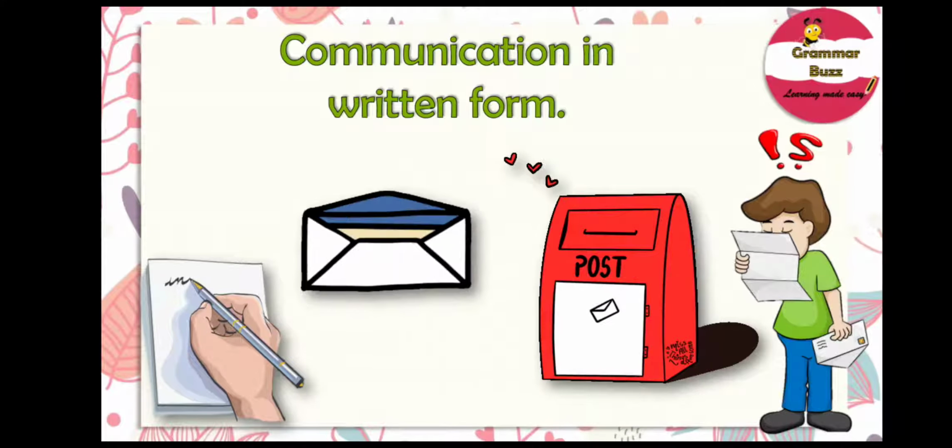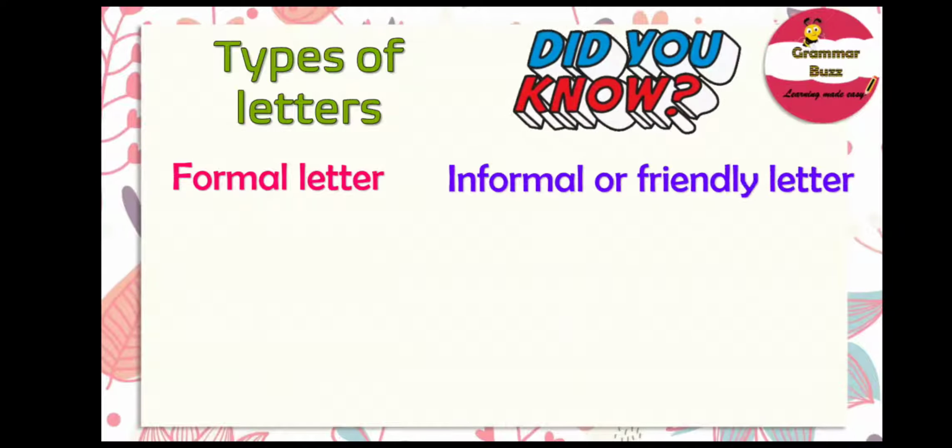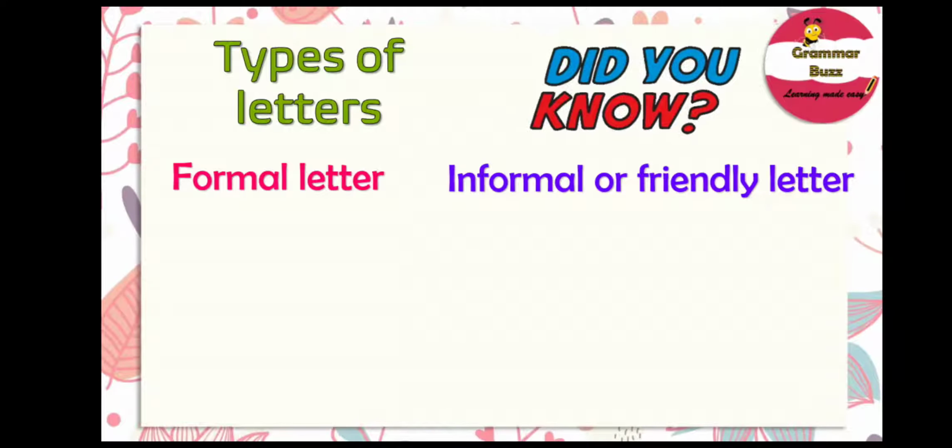Hey, here comes our first did you know. Well, did you know that letters can be divided into two types? Yes, letters can be divided into two types: formal letter and informal or friendly letter. So, what is a formal letter?